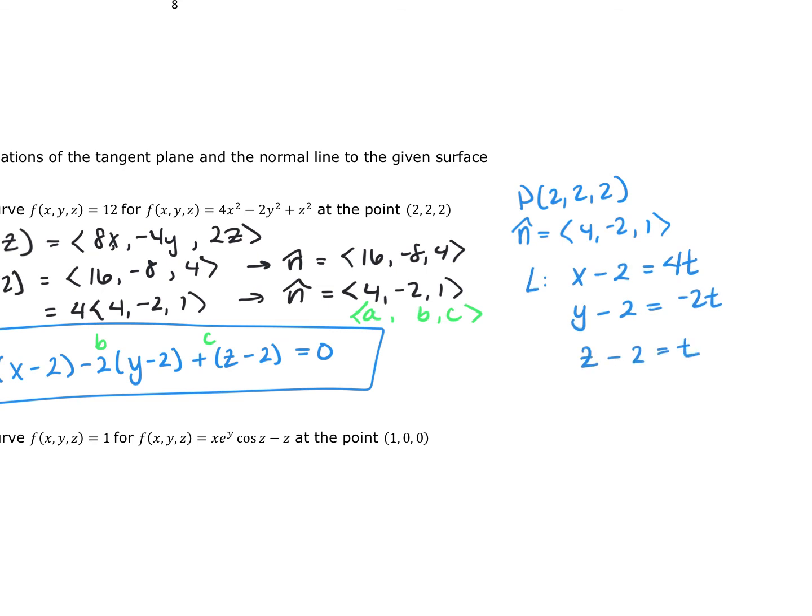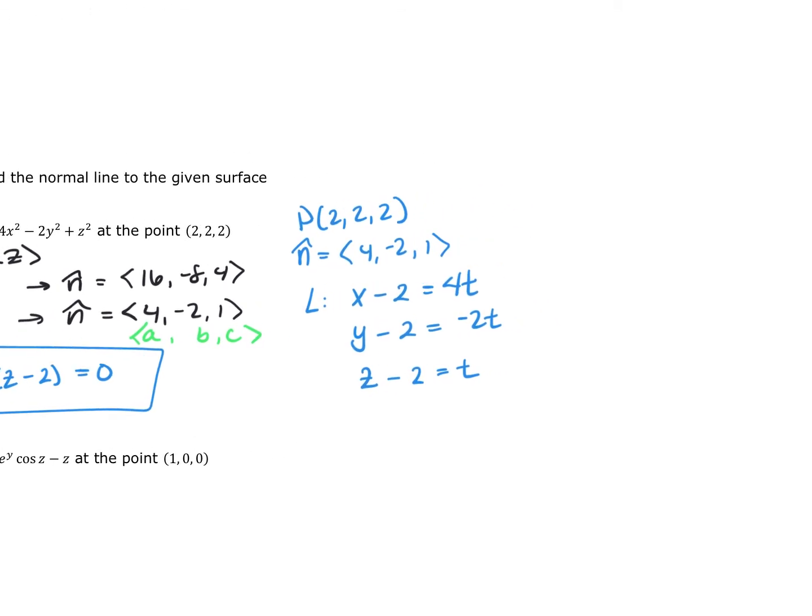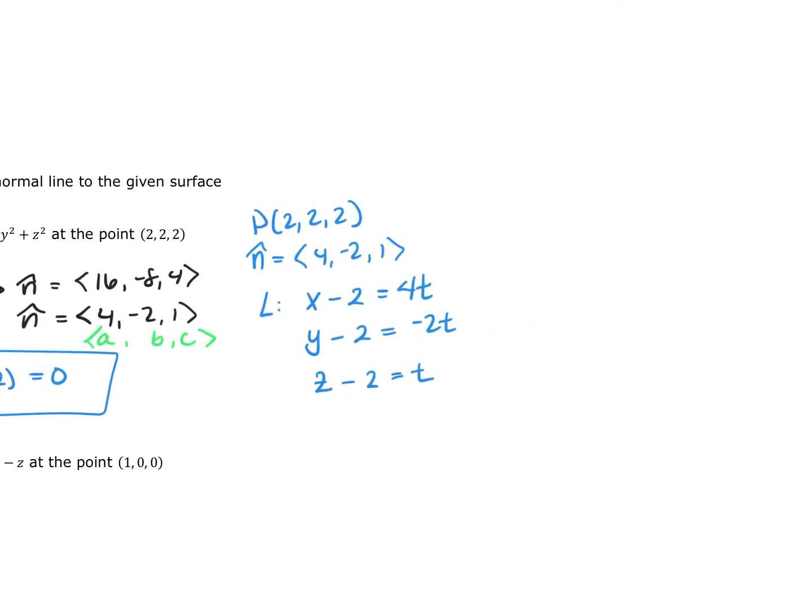That's one of the ways that we could have written it. The other way, if you remember, is when we have them solved for each variable: x is equal to 2 plus 4t, y is equal to 2 minus 2t, z is equal to 2 plus t.